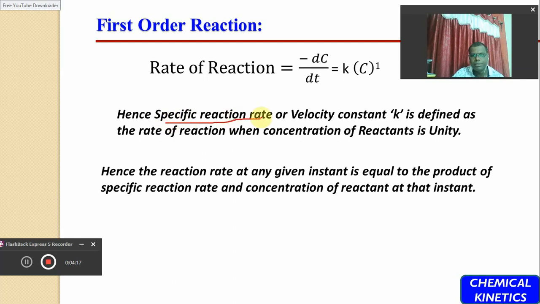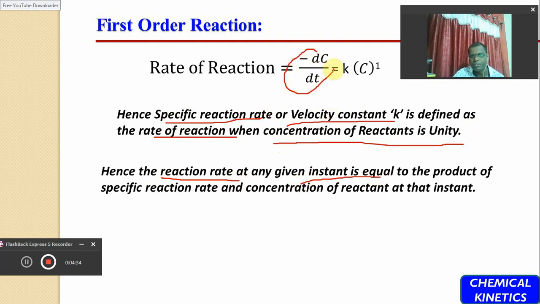Hence the specific reaction rate or the velocity constant is defined as the rate of reaction when the concentration of the reactants is unity.